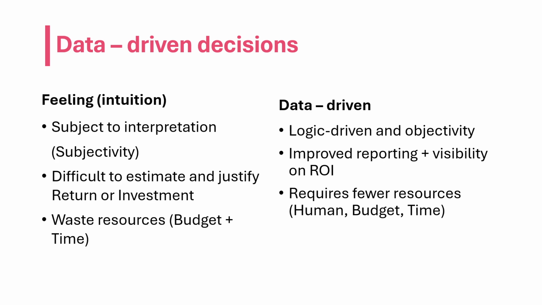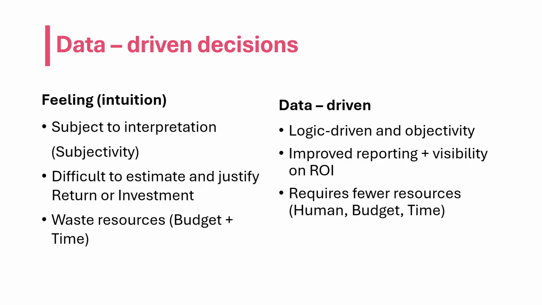On the other hand, data driven decisions rely on facts and logic. They are measurable, objective, and transparent. Automation ensures your data is collected, processed, and used in the right way, improving accuracy and protecting data privacy. In short, automation converts your business from feeling based to data based.